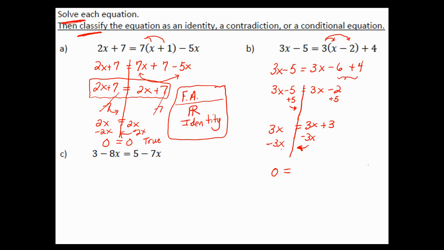But 3x's minus 3x's, that cancels to 0. I'm going to bring this number down. Is 0 equal to 3? No, that's totally false. That's not true. So that's one indicator right there that you have a contradiction. So your final answer for this problem is going to be the empty set with the word contradiction.